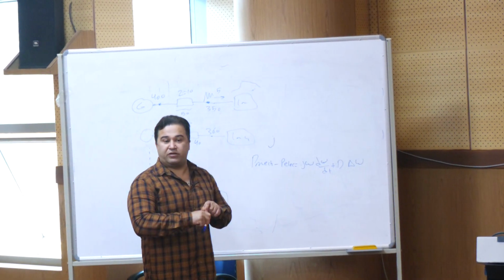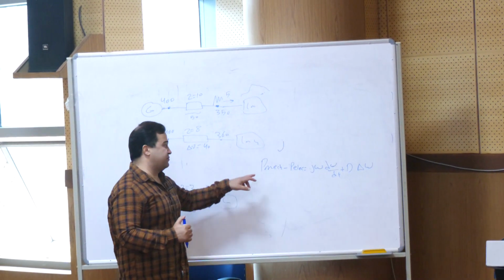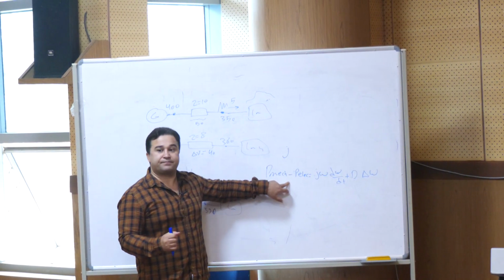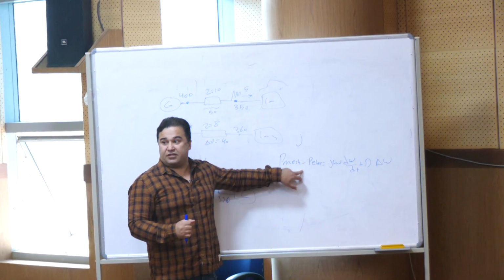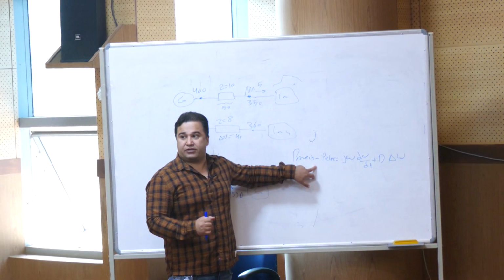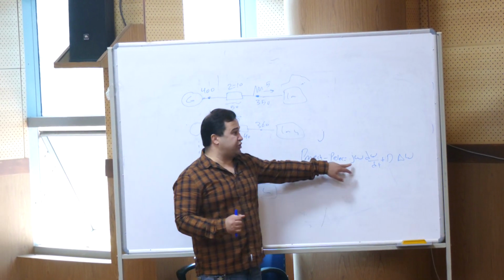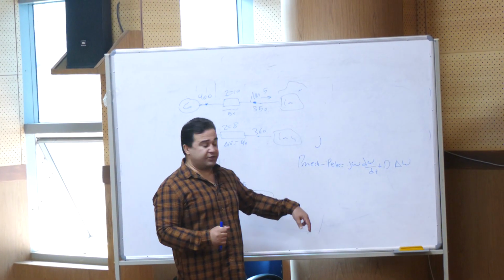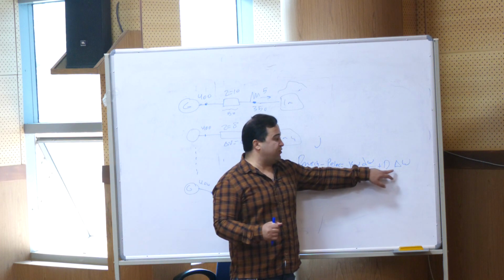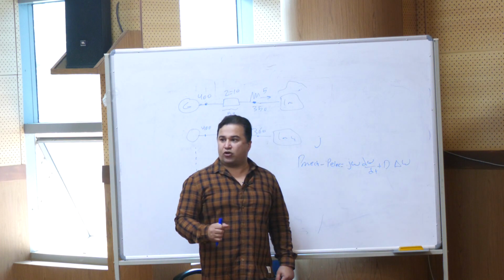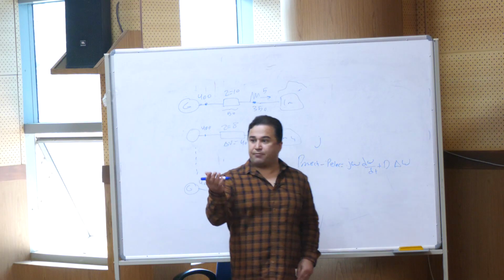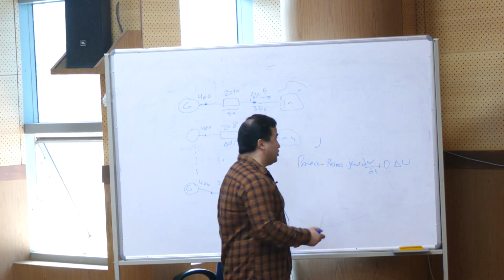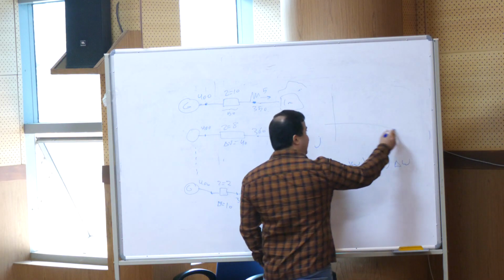In a conventional generator, we have the swing equation. We have the J here, we can calculate it, but we also have D delta omega. What is the D delta omega? D is the damping factor.